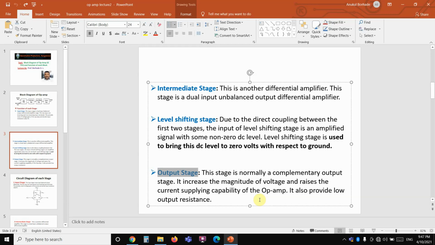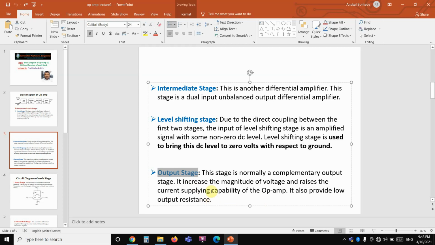Means if one transistor is in conduction, then the other transistor is out of conduction, and this stage increases the magnitude of voltage, means it provides high gain and raises the current supplying capability of the op amp. If the current supplying capability increases, obviously the output voltage increases, means it provides low output resistance. This output stage provides the low output resistance.